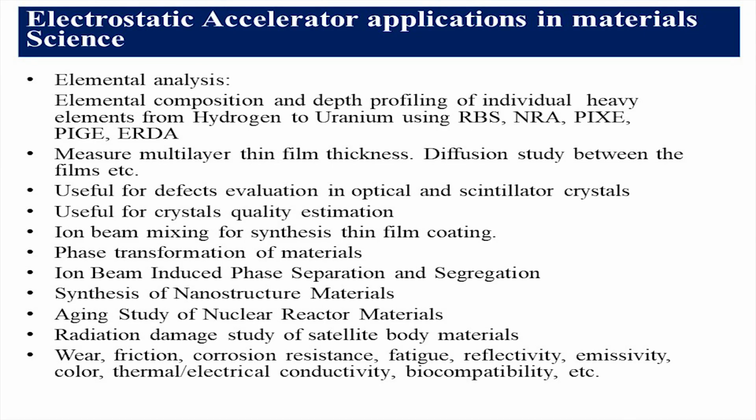So related to material science, I will give you some applications which we have. This is our accelerator. These are the applications. Elemental analysis: elemental composition we can extract from these reactions. From this information we can get elemental composition and depth profiling of individual heavy elements from hydrogen to uranium.